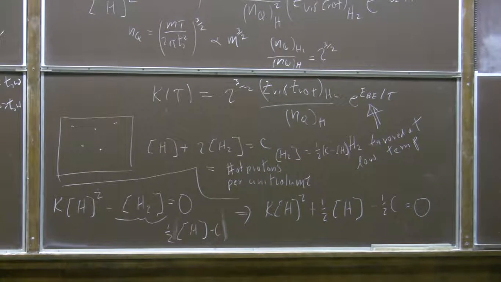Okay, so then I can just solve the quadratic equation and find the concentration of hydrogen atoms, which by the quadratic formula will be 1/2K times minus 1/2 plus or minus the square root of 1/4 plus 2Kc.